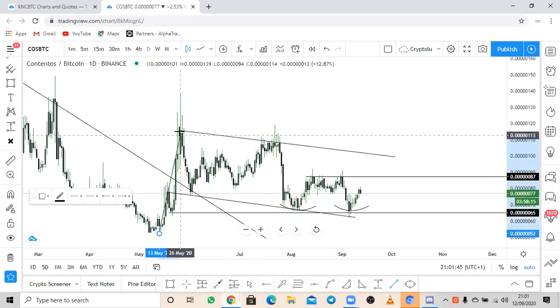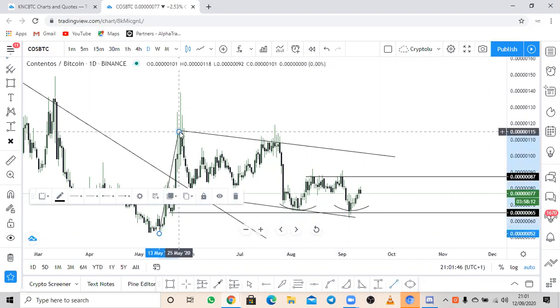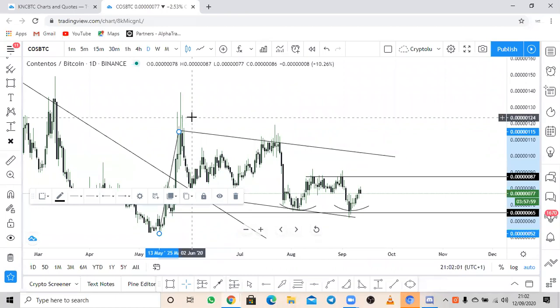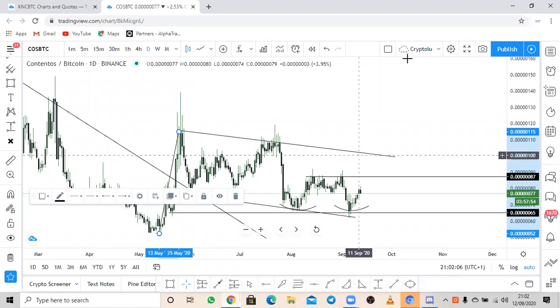So I'm expecting price to break out above. And a flag is always a bullish pattern, just that this pole here is not long enough, but it's still valid to be called a flag. So I'm expecting a breakout from here and price to start moving upwards from there.